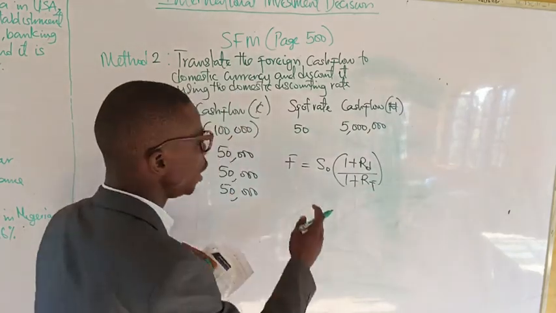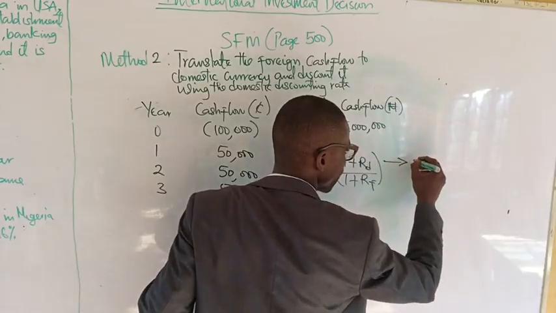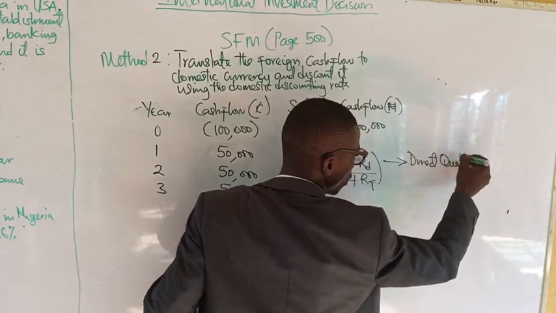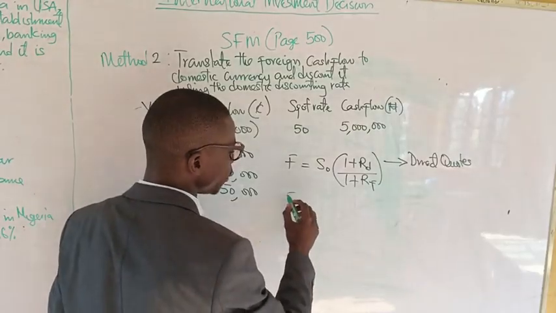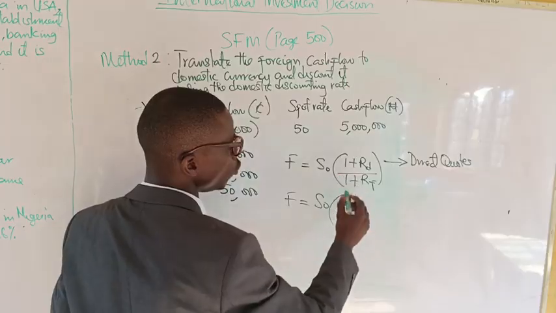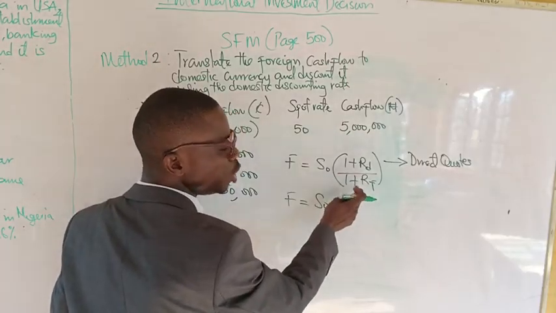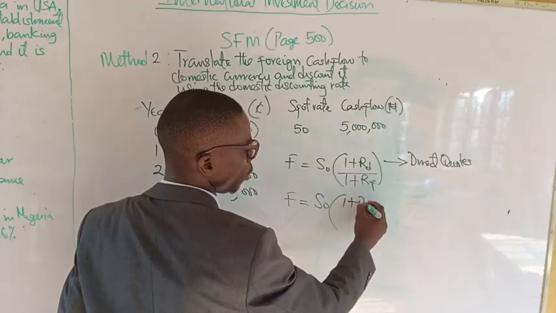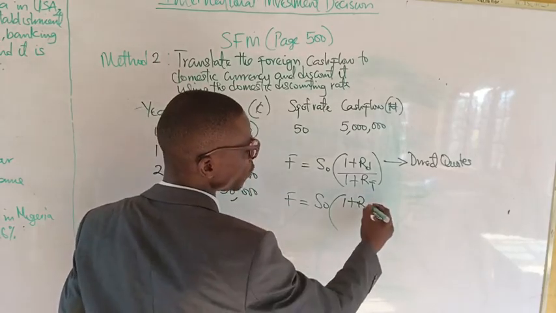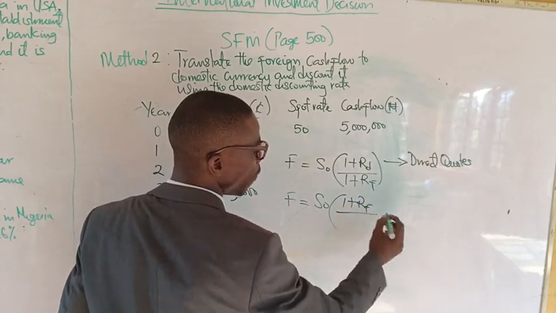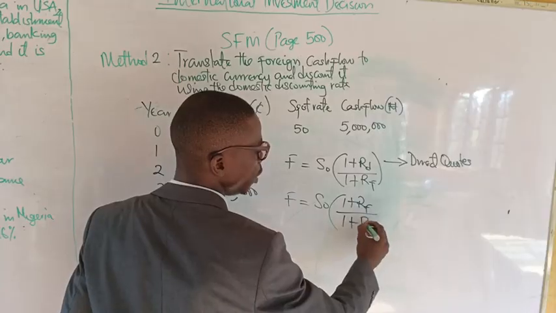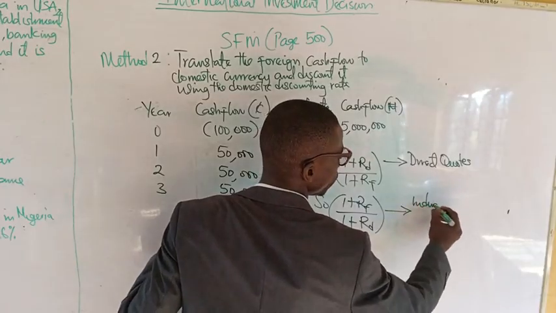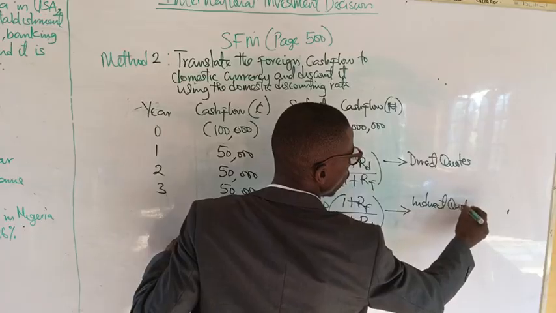Do you remember? If it's direct quotes, this is it. I think we have done that. Now, if it is indirect, this is the formula you use. The denominator will become the numerator, and the numerator will become the denominator. So 1 plus the interest rate of the foreign currency over 1 plus the interest rate of the domestic. So this is if it is direct, and this is if it is indirect quotes.